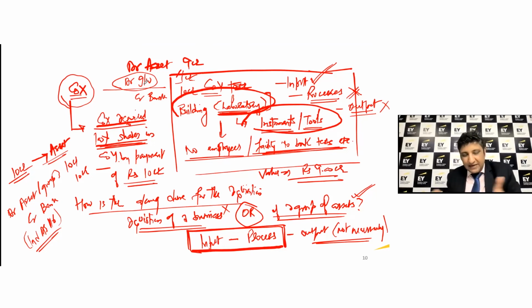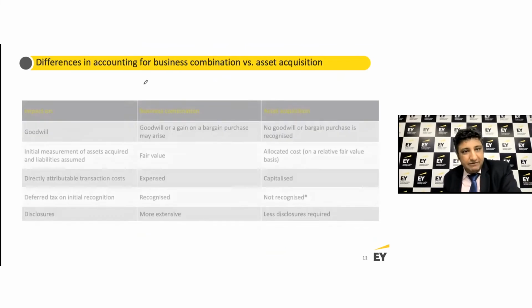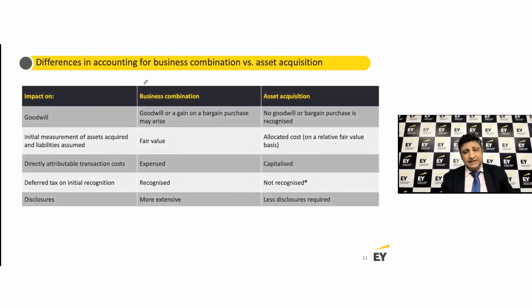So that's a fundamental difference that we need to know at any point in time when we deal with the scenario, right? Your examination can very comfortably give you such scenarios, and you should be well aware of whether the acquisition is necessarily of a business or not, right?